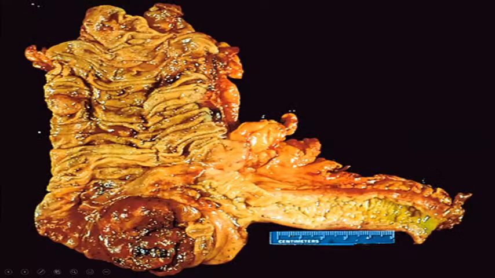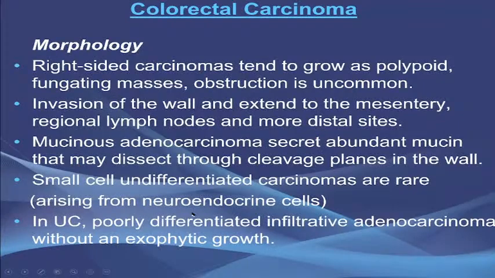So here is a large tumor that is ulcerated, and this is in the ileocecal region. This is the ileum, the ileocecal region, and you have a large tumor here that is rounded, irregular, ulcerated, and bleeding.